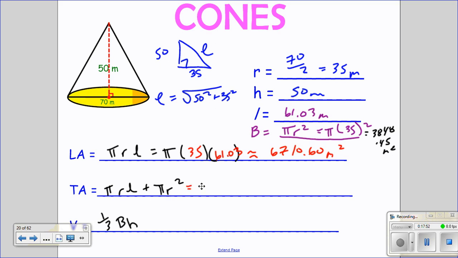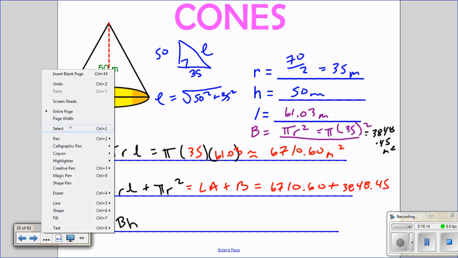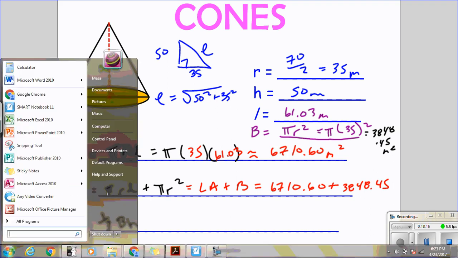Again, the total area is the lateral area plus the base area, because there's only one base. So let's take our 6710.60, add our base, which was 3848.45. Grab our calculator and let it do the crunching.